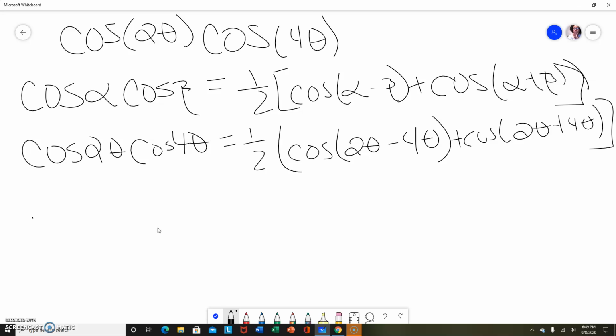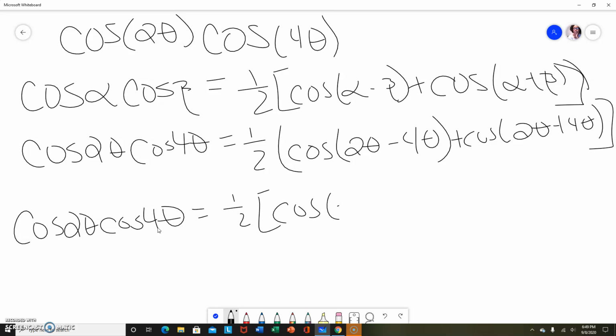All right, so cosine 2 theta cosine 4 theta is equal to 1/2 times the cosine of negative 2 theta plus the cosine of 6 theta.